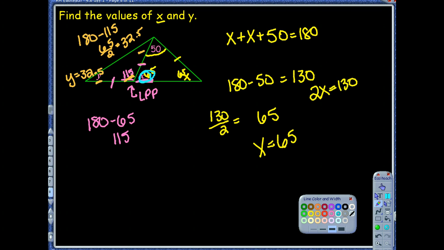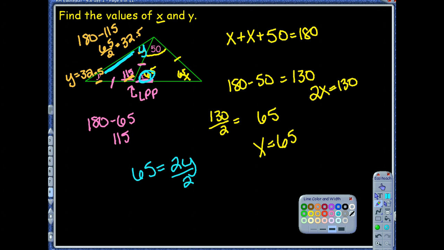And we learned earlier in this chapter that an exterior angle's measure is the sum of the two non-adjacent angles. So that 65 is equal to 2y, and then you can just cut it in half. There's where you get the 32.5.